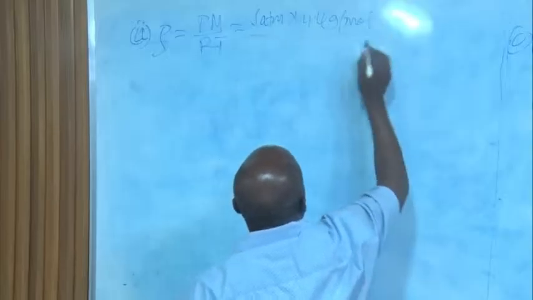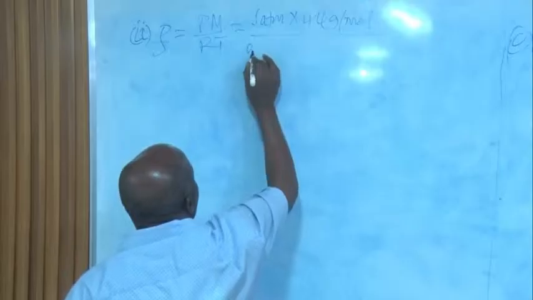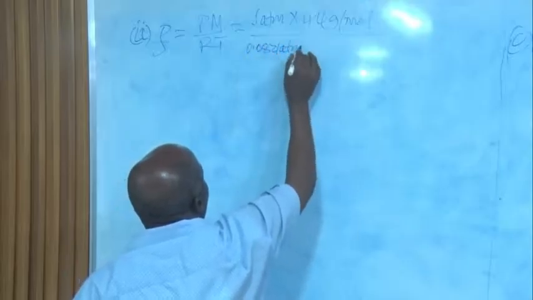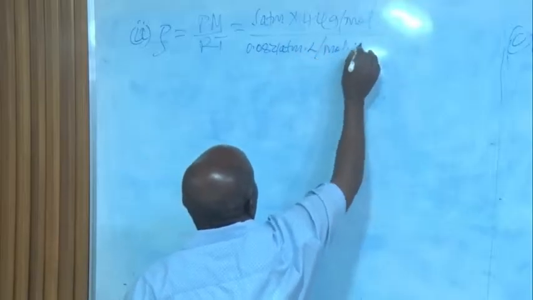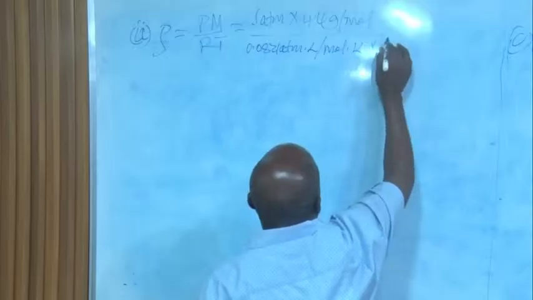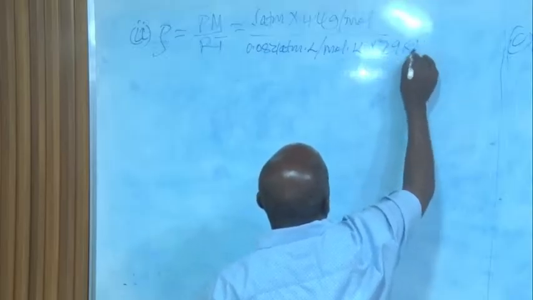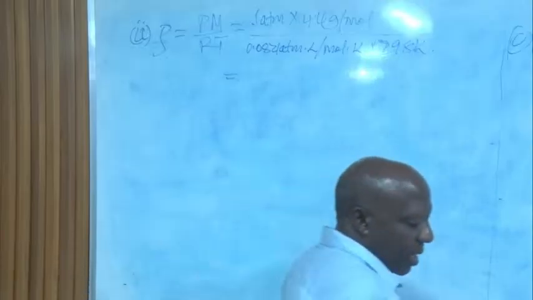Then you divide by the value of the molar gas constant, 0.0821 atmosphere liter per mole per Kelvin, times the temperature of 298 Kelvin.